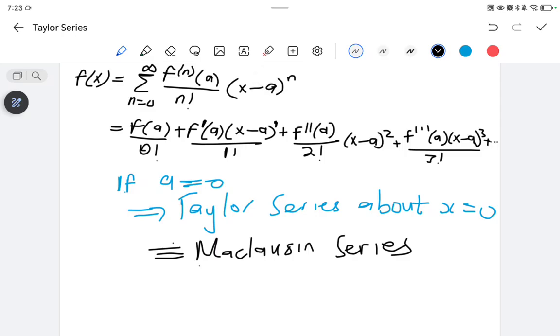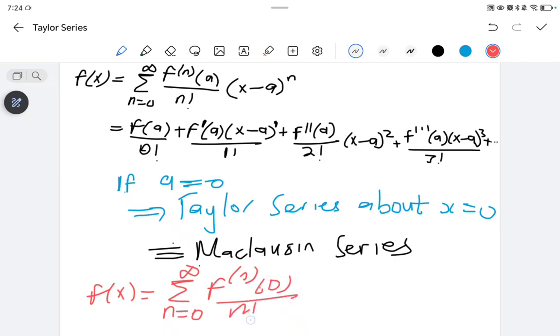Now let's see. f of x would be equal to the summation, infinity, n equals to 0, of f to the n, where a is substituted with 0, all over n factorial, and then I'll have x minus 0 to the n.